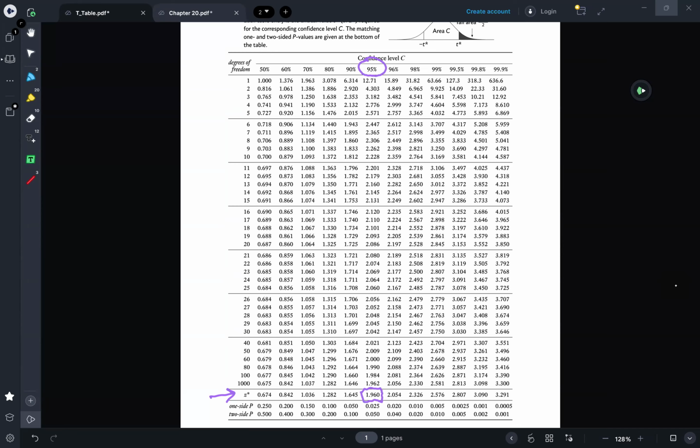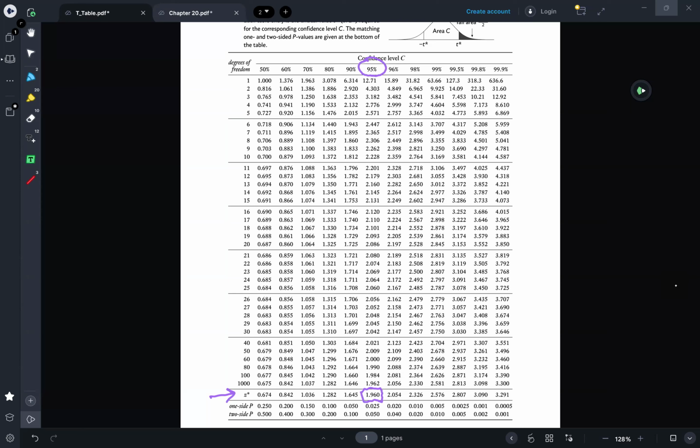So it fits really well. If you're using a Z, use this row, right? So if you want a 90% confidence interval, you use 1.645. If you want a 99% confidence interval and it's a Z procedure, use 2.576.